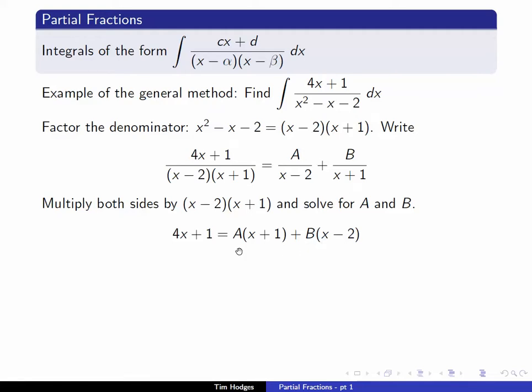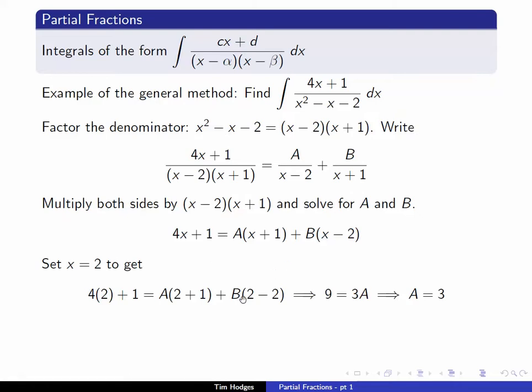So for instance, if we pick x equals 2, this term will become 0, and it'll give us an expression for A. On the left-hand side, we get 4 times 2 plus 1, which is 9. On the right-hand side, we get A times 2 plus 1, which is 3A, and 0 times B. So that tells us that A is equal to 3.